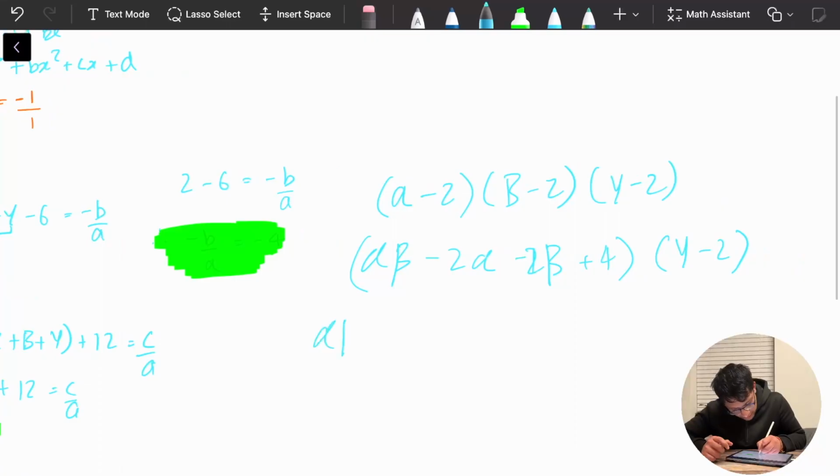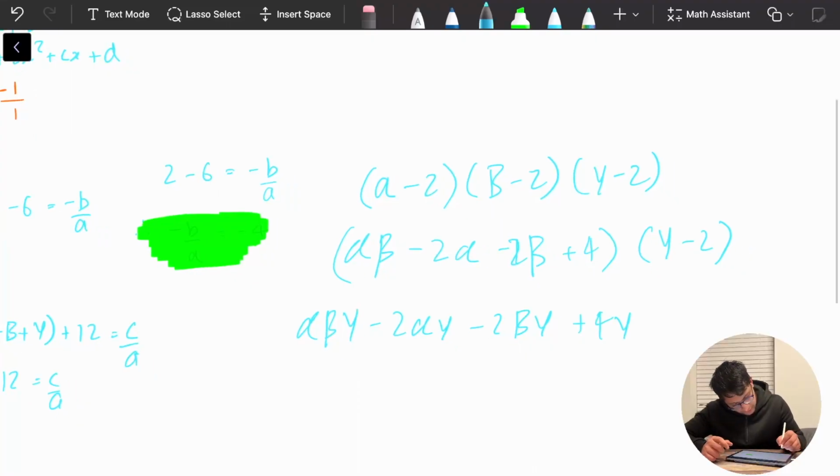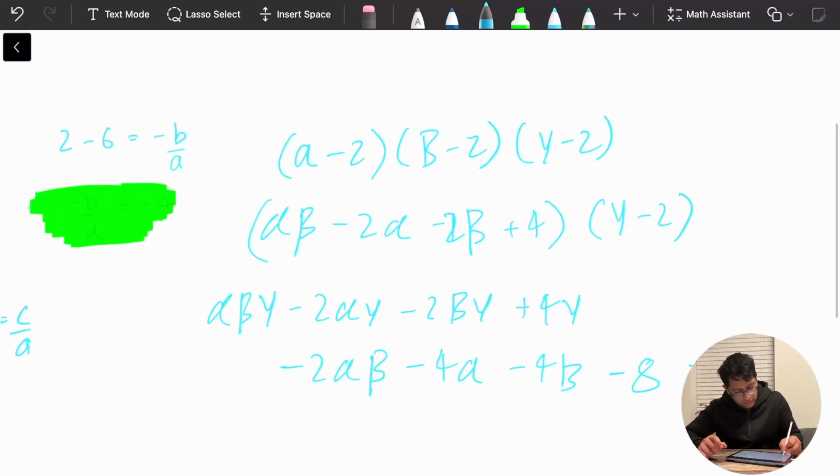So it's going to be alpha beta gamma minus 2 alpha gamma minus 2 beta gamma, plus 4 gamma. I'll put this in the second line, so it's going to be minus 2 alpha beta minus 4 alpha minus 4 beta and minus 8, equals minus d over a.